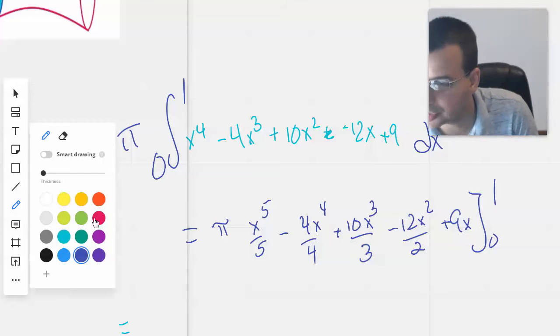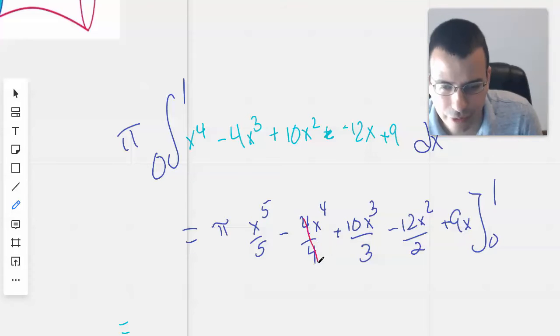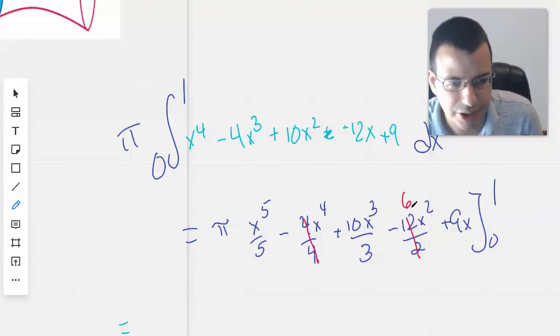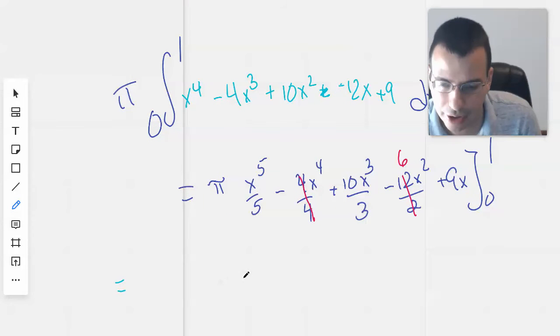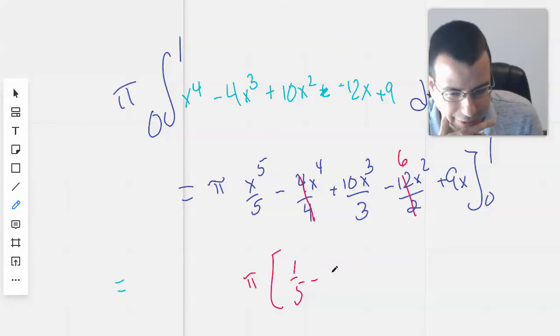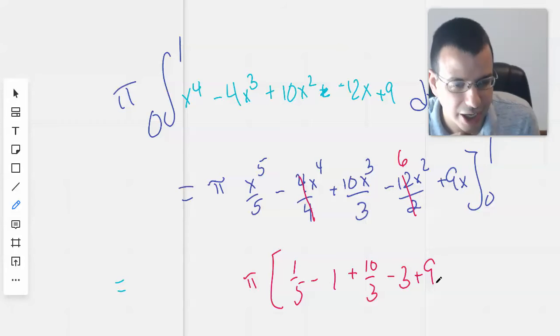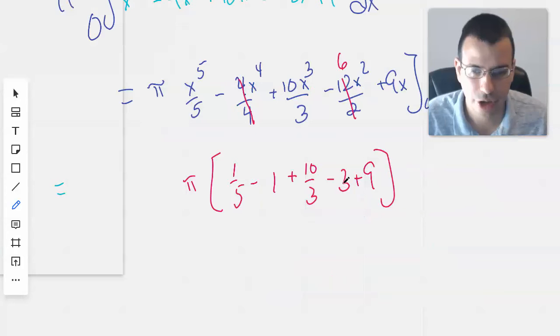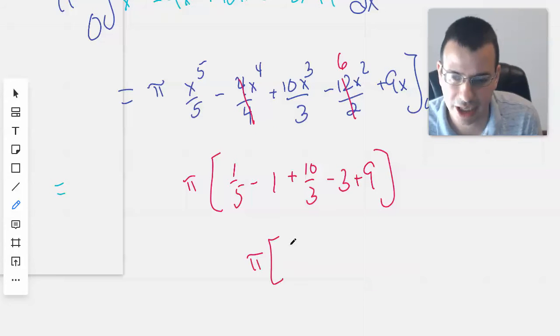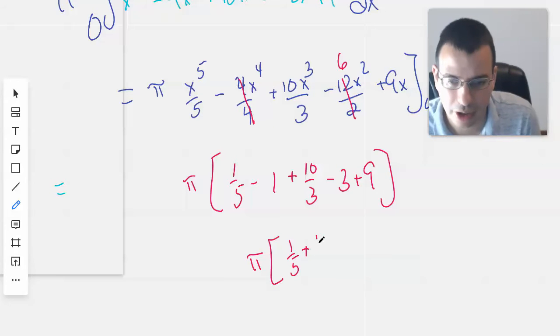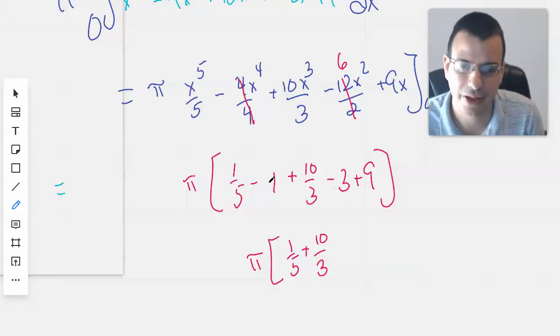Do some quick canceling. The 4's go away, this becomes 6, and we're left with pi times the quantity 1/5 minus 1 plus 10/3 minus 3 plus 9. Let's combine the easy things: 1/5 plus 10/3, then this is minus 4, so we plus 5.